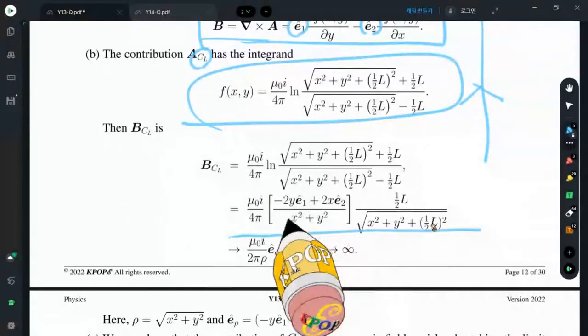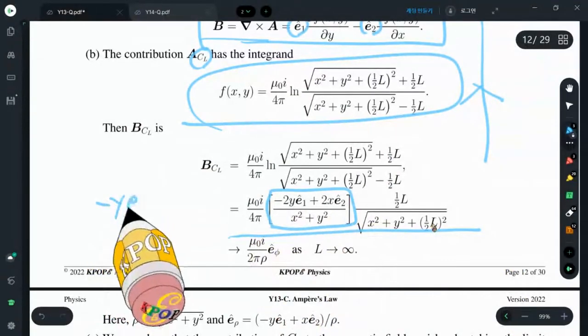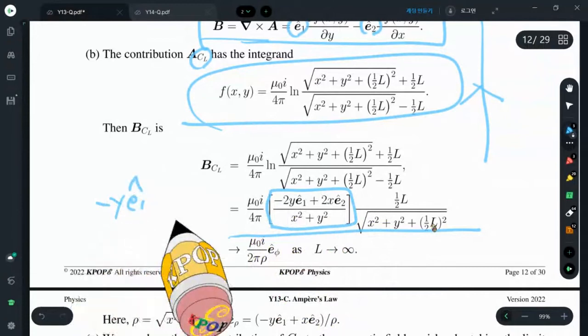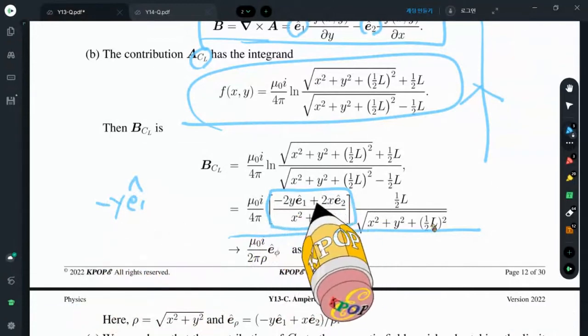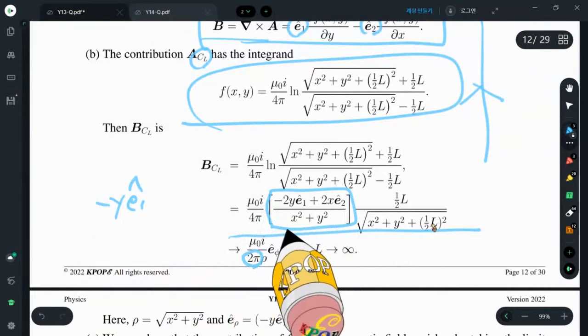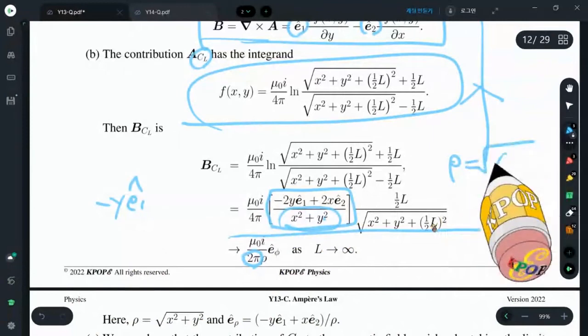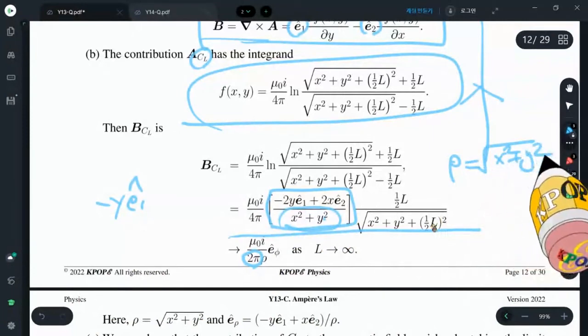And in here, we can see it is a minus y(E1). This factor of 2 has been canceled to find a 2 pi. And we have a planar radius rho, x squared plus y squared.